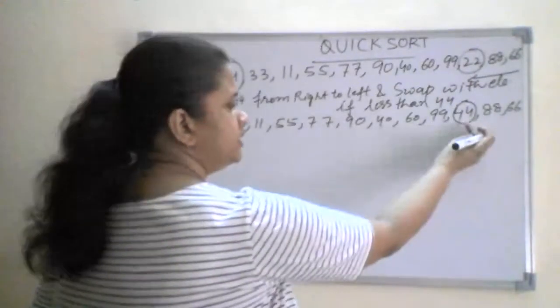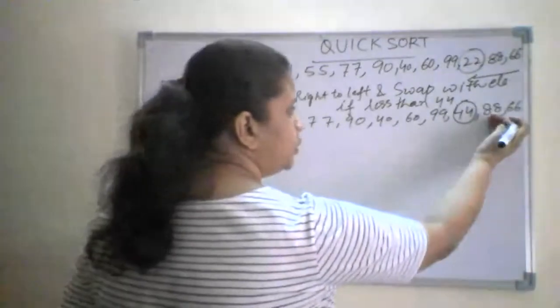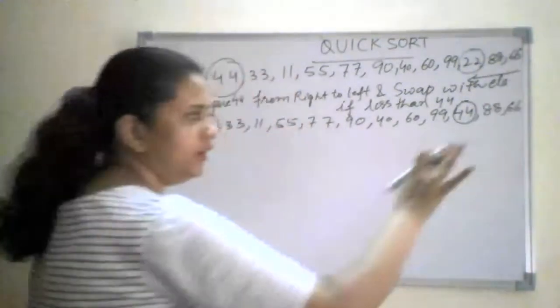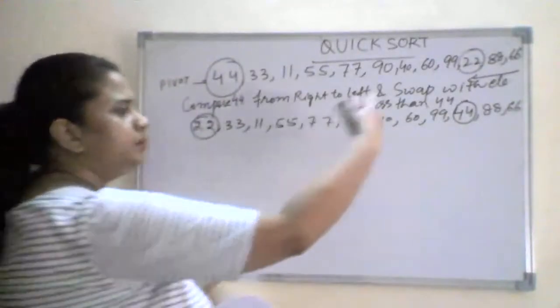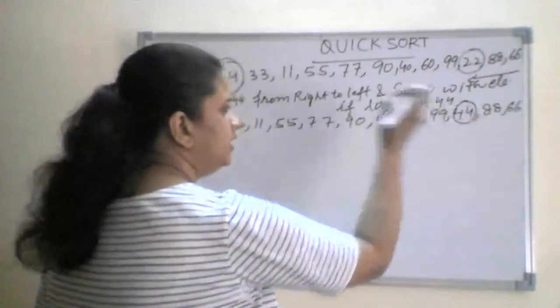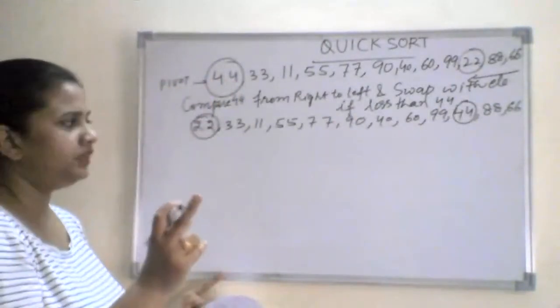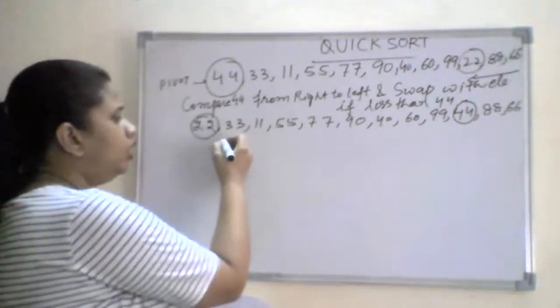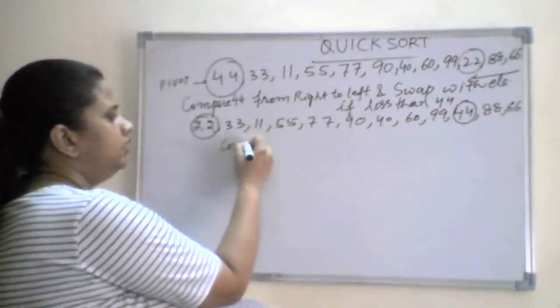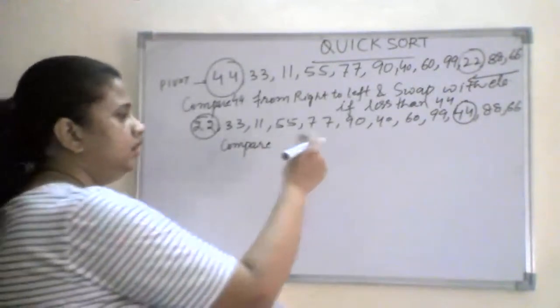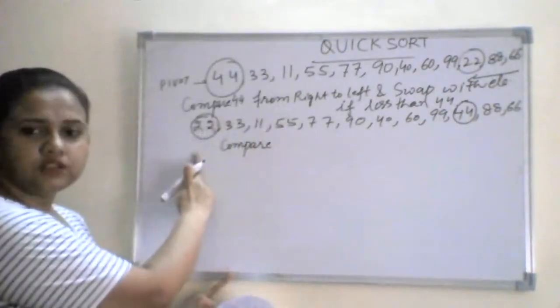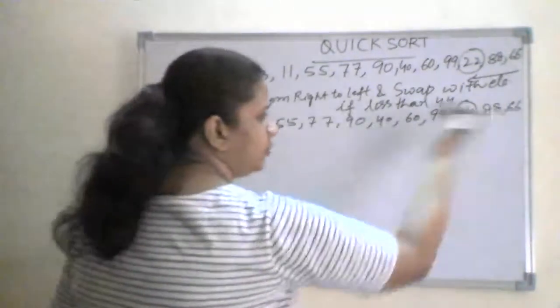Fine. So here you can see all the greater elements have moved a little towards the right. Now the next thing is, when your pivot element is towards this side, what we are supposed to do, please listen very carefully. Now we will compare in the reverse order. Reverse order means if your pivot element is towards this side, we'll start comparing from this side.